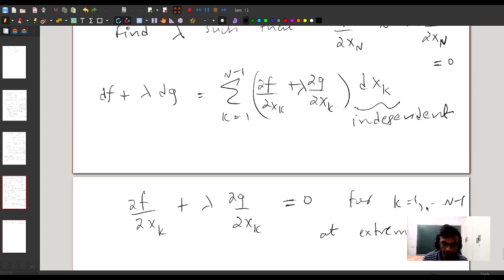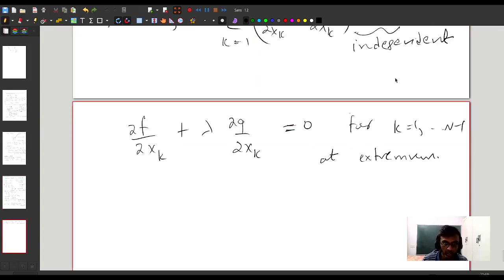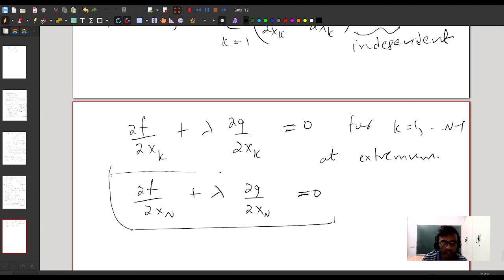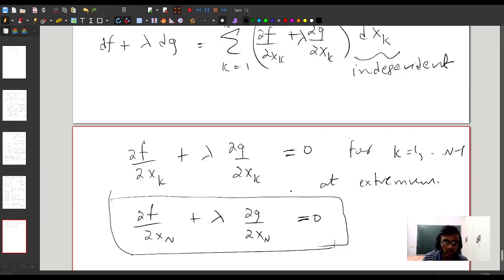But we have chosen lambda such that this is 0. So ultimately we have to find a lambda such that this equation is satisfied, and then we can use that lambda to eliminate one of the independent variations and find conditions for the extremum.